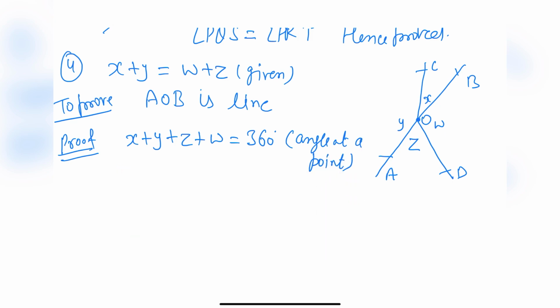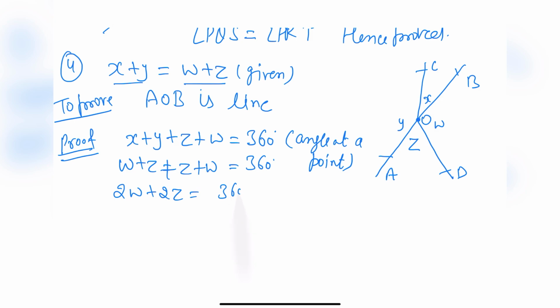Now we have given X plus Y is equal to W plus Z. So in place of X plus Y, we can write W plus Z, so W plus Z plus Z plus W is equal to 360 degrees. Now 2 times W and 2 times Z is equal to 360 degrees.